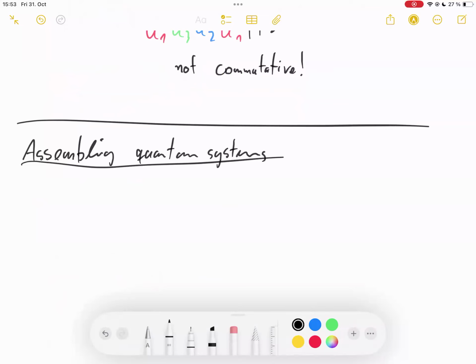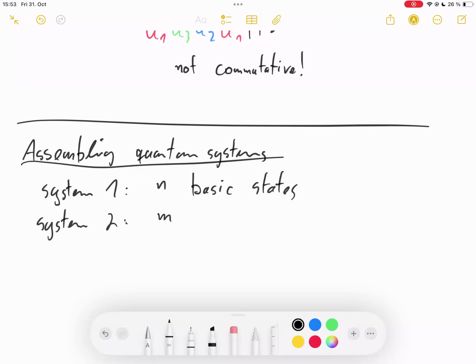So system one has n basic states, and system two has m basic states.